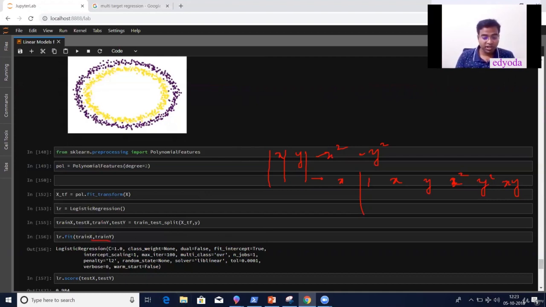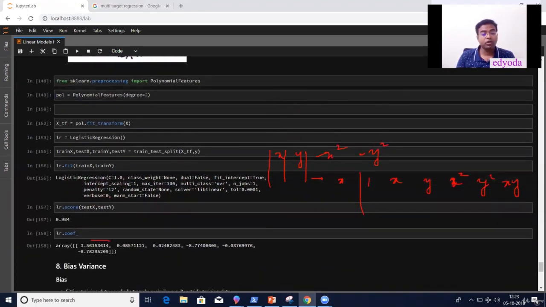In this case, we are training the model with the training data only. The test x and test y are not used in training, but are used in the score part. This is how you are validating the model. If you can see here, 98.4 is pretty good, because it is able to predict almost a circle, which will act as a good predictor.